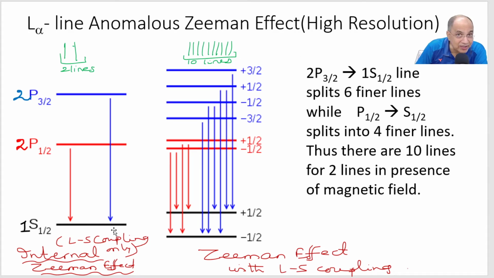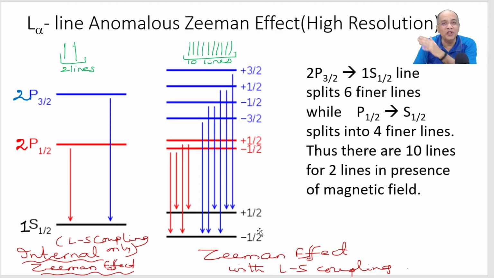And 1s, which has only one unique state, with no LS coupling because the internal field was 0, now, due to the external field, has a coupling between the external field and the spin field, and it will be a doublet, 2 non-degenerate quantum states, plus half and minus half.